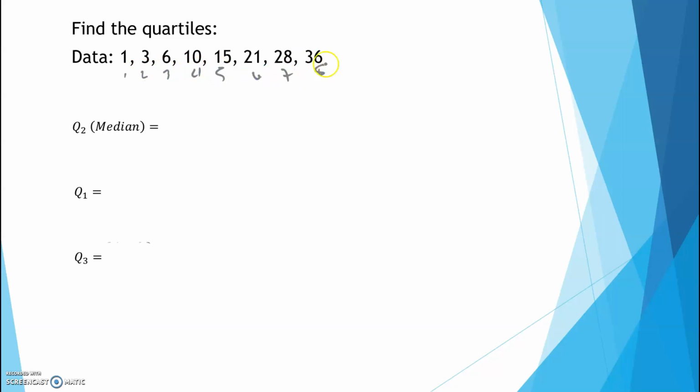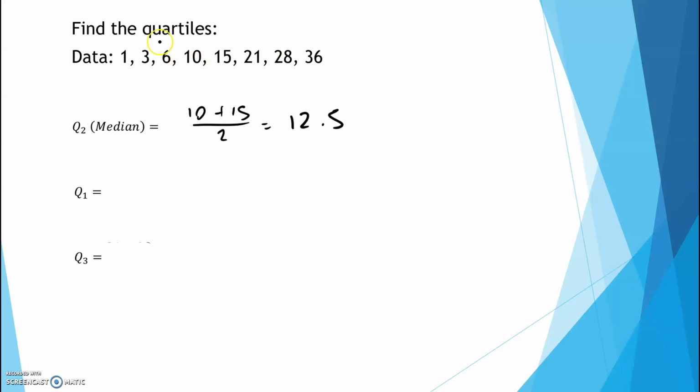Since I have an even number of data values, I'm going to find the 2 numbers that are in the middle, which are the 10 and the 15. Notice I got 3 numbers on this side, 3 numbers on that side. So this is going to be 10 plus 15 divided by 2, or halfway between those 2 numbers, which will give me 12.5.